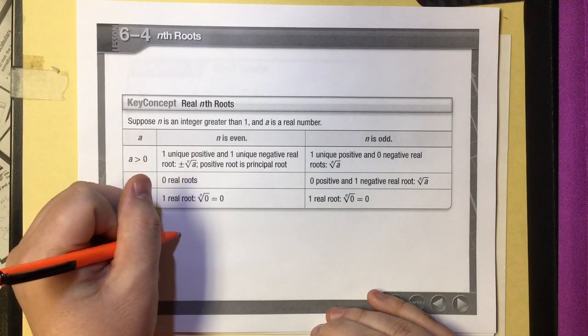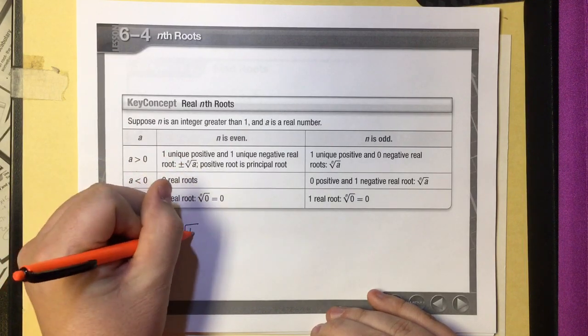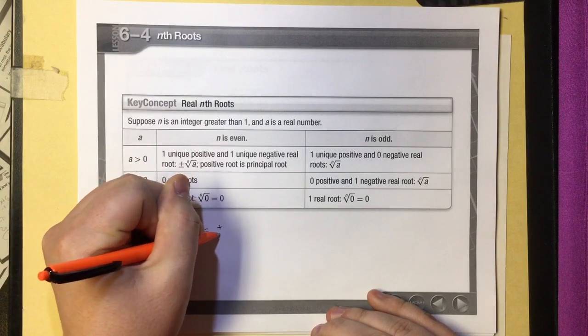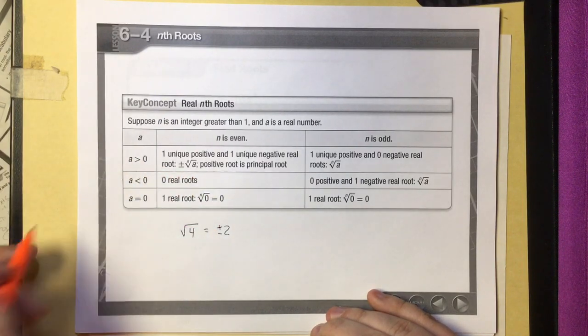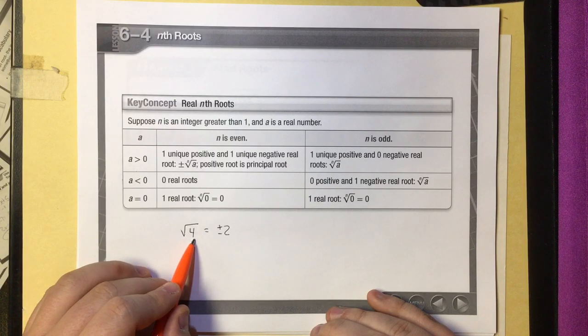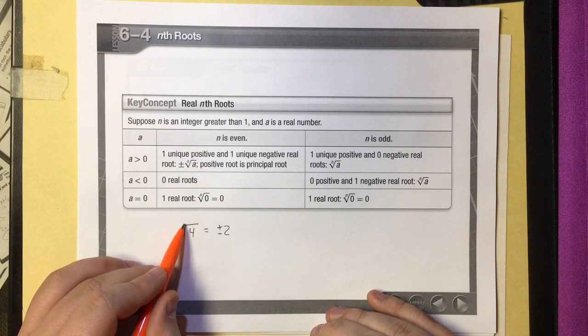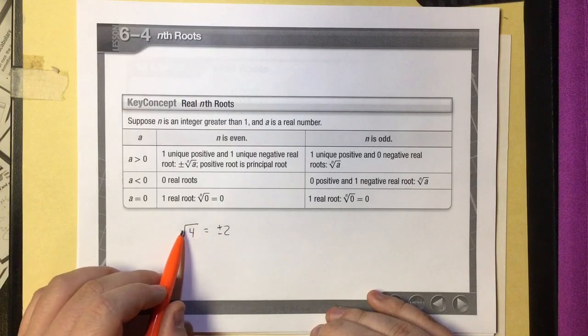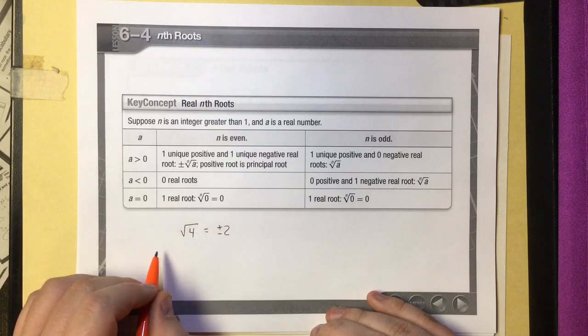Just like if we took the square root of 4, we would have both a positive and a negative root. This is a positive number. A is greater than 0. Our index n is greater than 1. It's 2. So n is even. We get a positive and a negative.